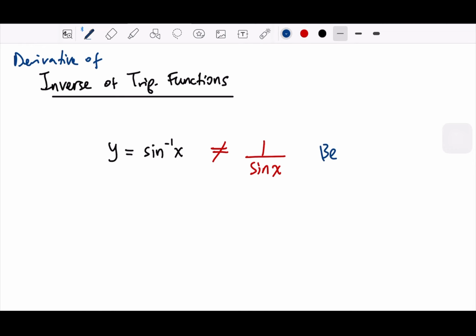Be careful. We can also write the sine inverse with arc sine x. You can write with either of these, sine inverse or arc sine. I prefer the first one. It's simple and shorter.